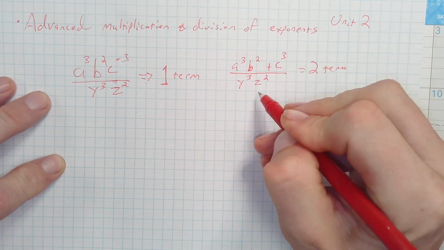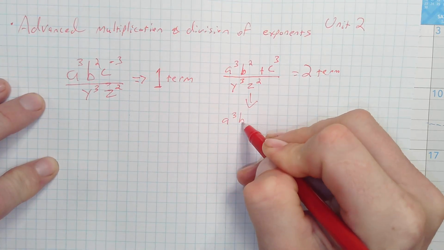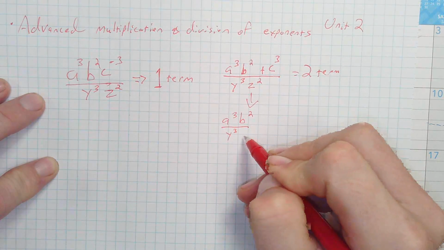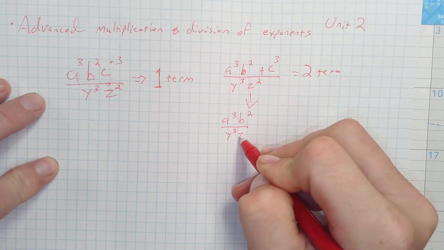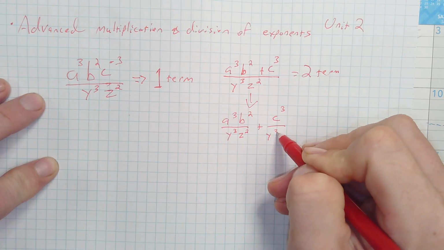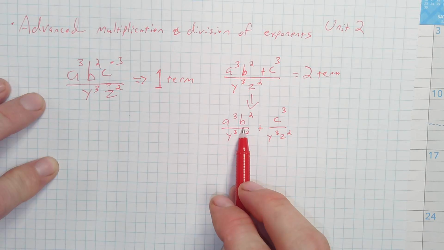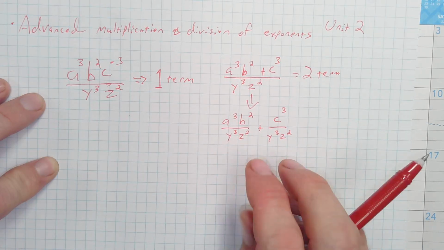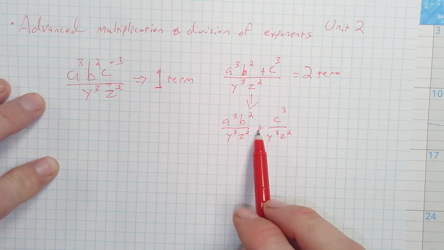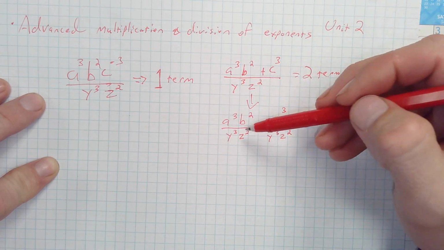Technically this is broken down into a cubed b squared over y cubed z squared plus c cubed over y cubed z squared, right? Because with a common denominator, when you're adding, you can bind these together, remove the plus sign, and put the plus sign on top. These are the two terms inside of this, and these are equivalent because of the common denominator.